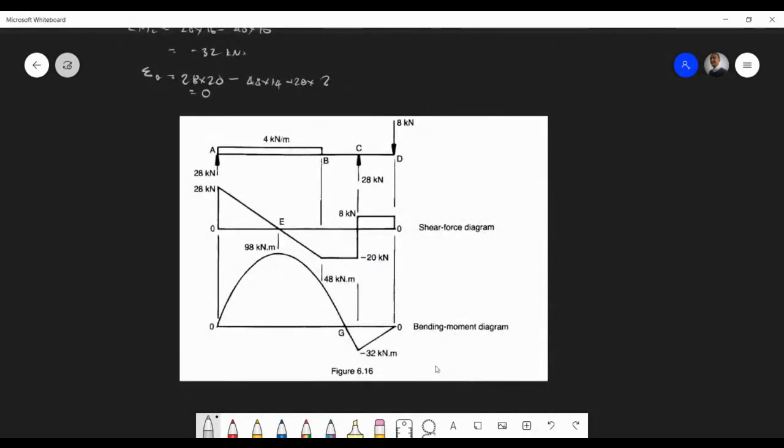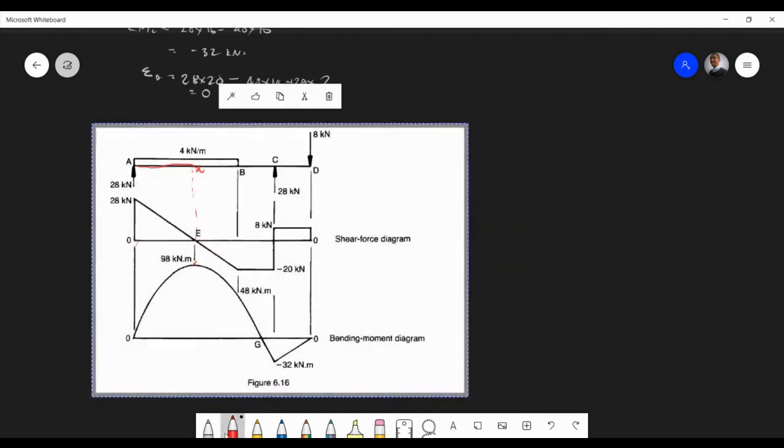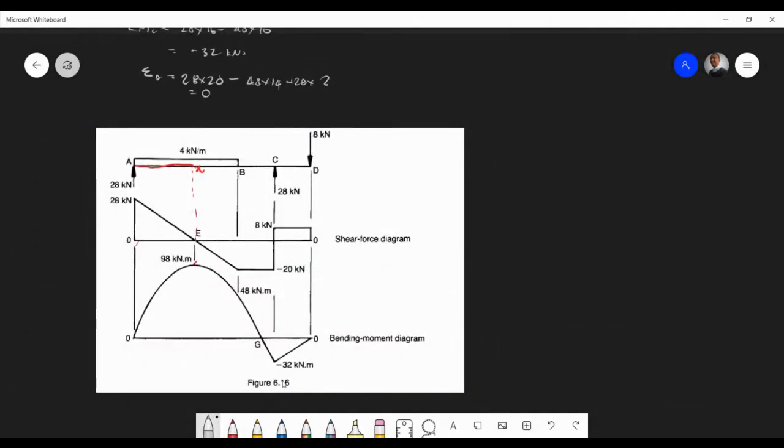So now we need to find this distance here, so that lines up with the maximum, and you see how we get the 98. So we need to find this distance. We can call this X again. At point X, we take our shear force at X. So again we have 28, right?